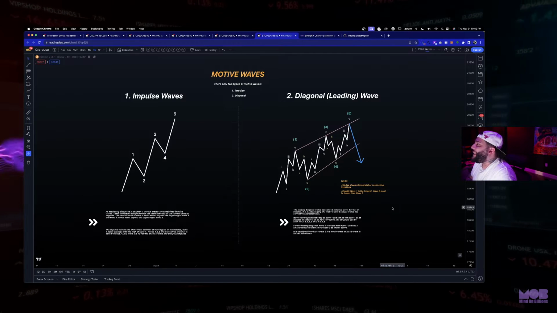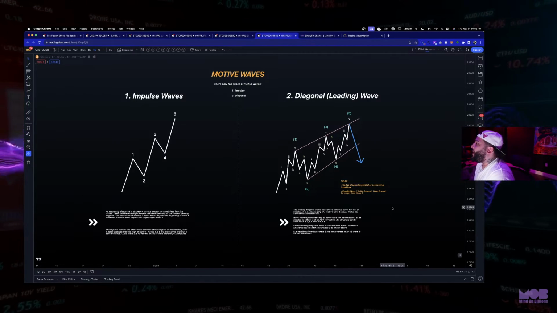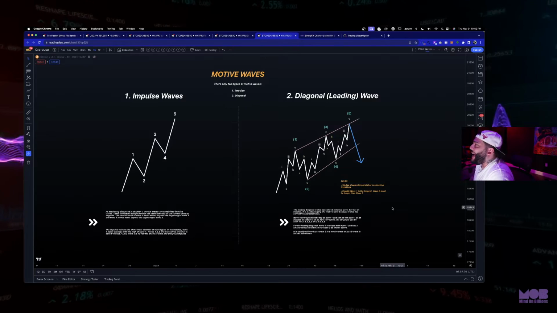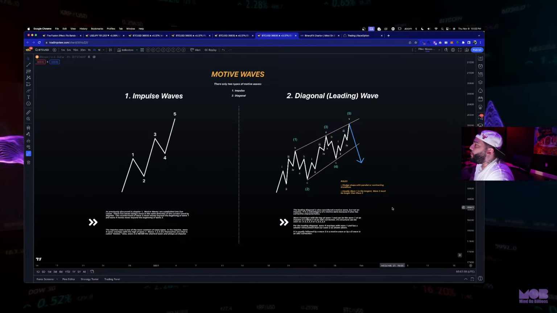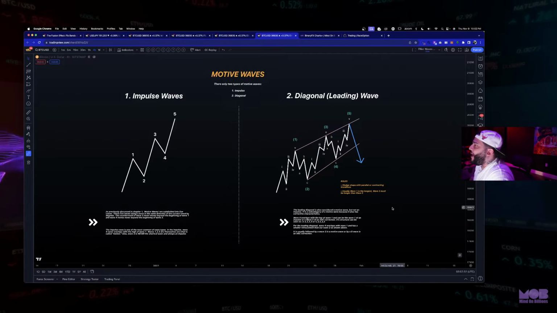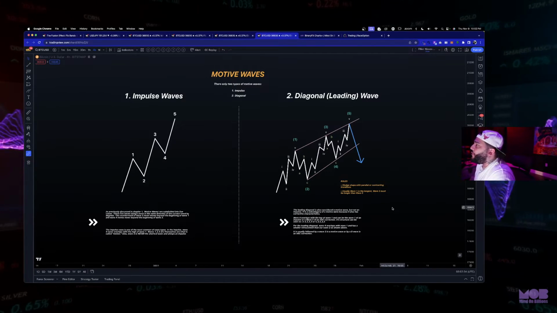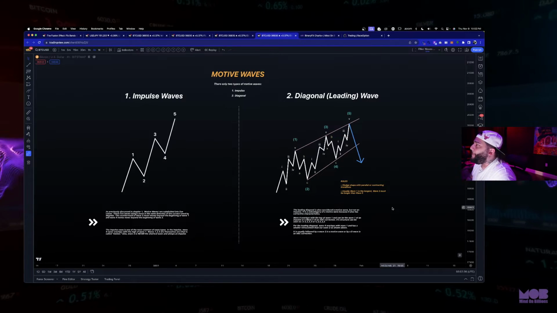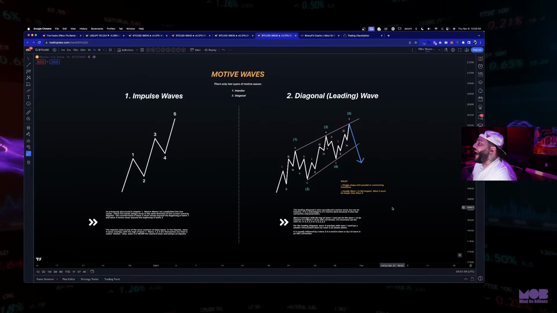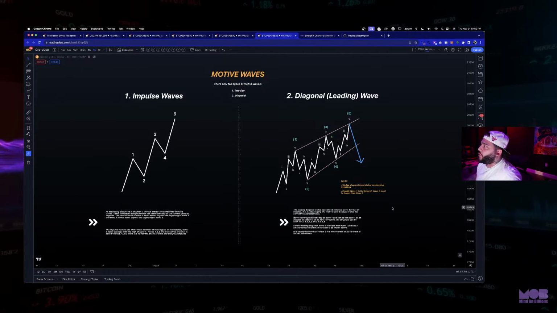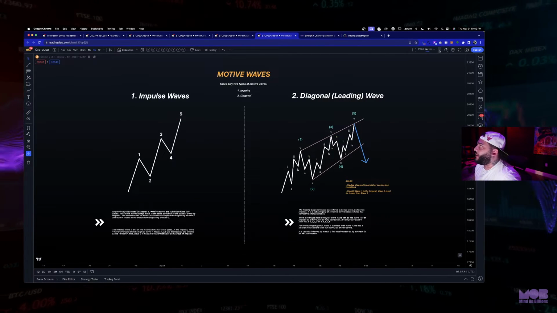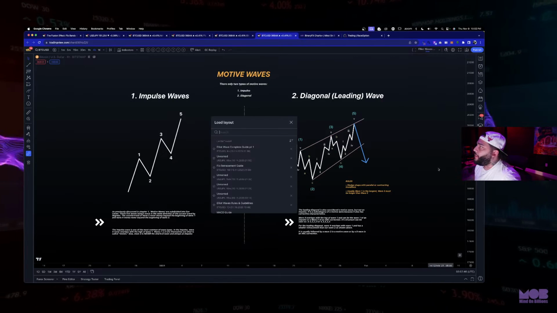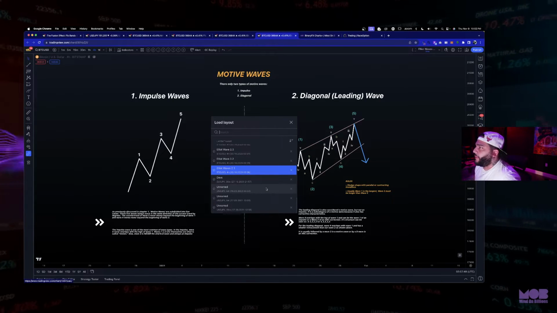For the leading diagonal, wave 4 overlaps with wave 1 and has a smaller retracement than wave 2, as shown above. It is usually followed by a wave 2 in a motive wave or by a B wave in an ABC correction. You guys see that? We're gonna keep it moving right along.